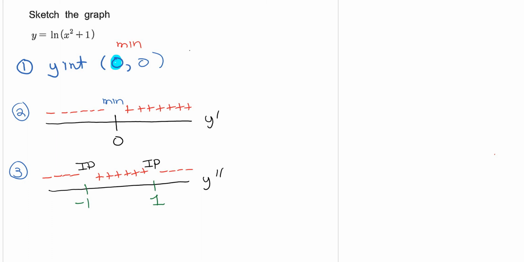Okay, so my fourth step here would be if I'm given the x values of 1 and -1, let's go ahead and find the corresponding y values because those represent the inflection points. So if x equals 1, I would be given a y value of ln 2, and if x equals -1, I have a y value of ln 2 as well.